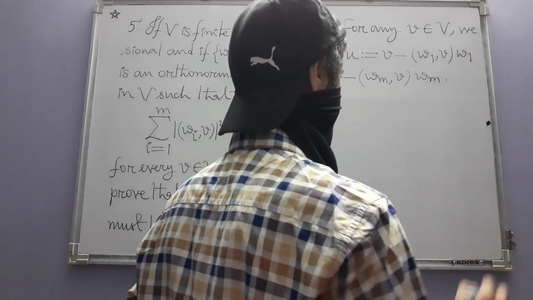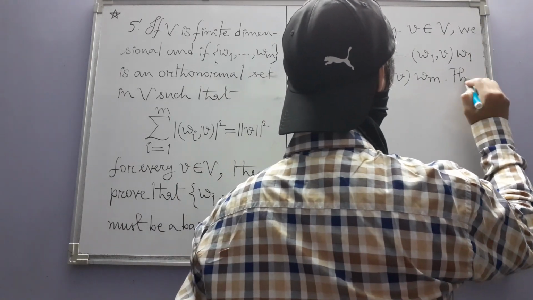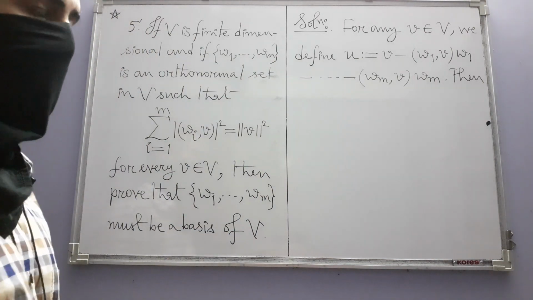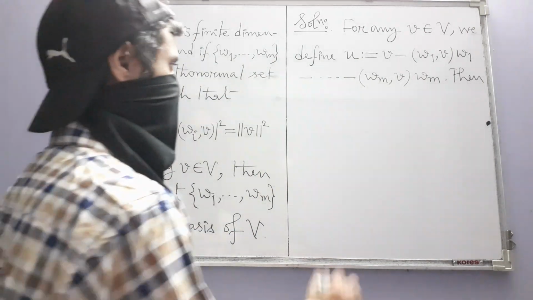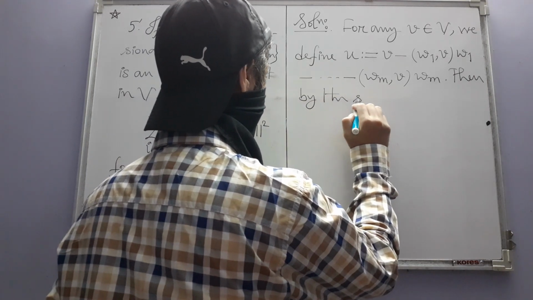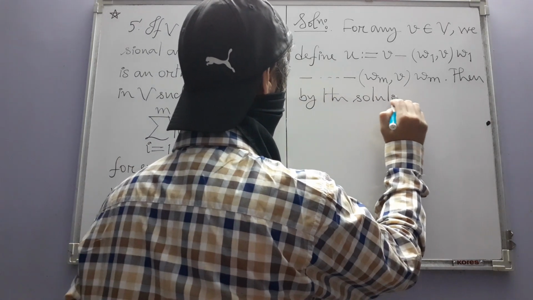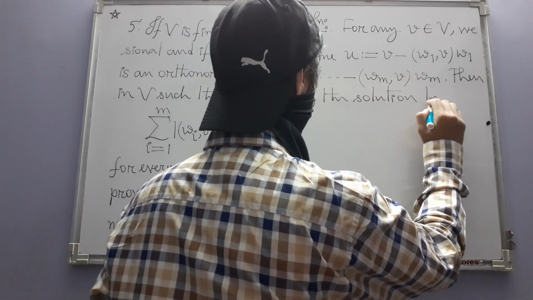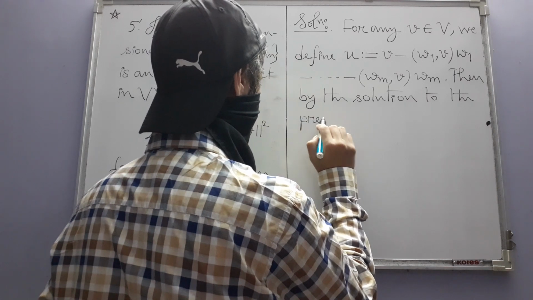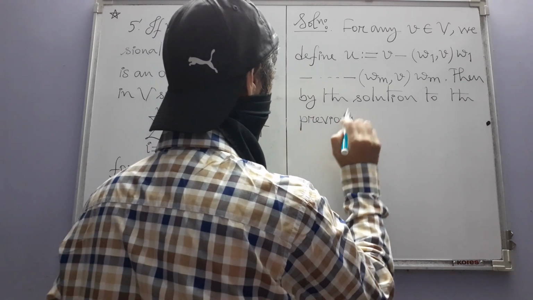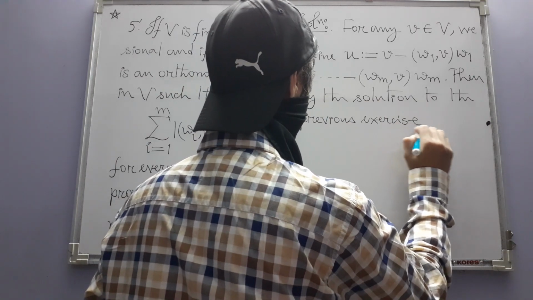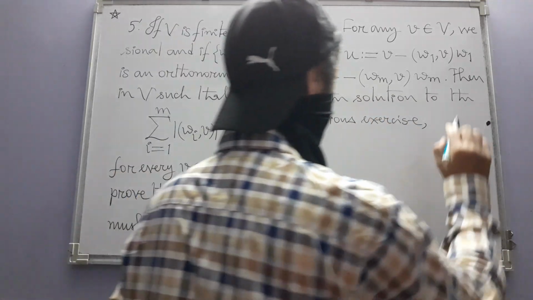Then we already did something with this vector in the previous solution. So by the solution to the previous exercise, we have this.